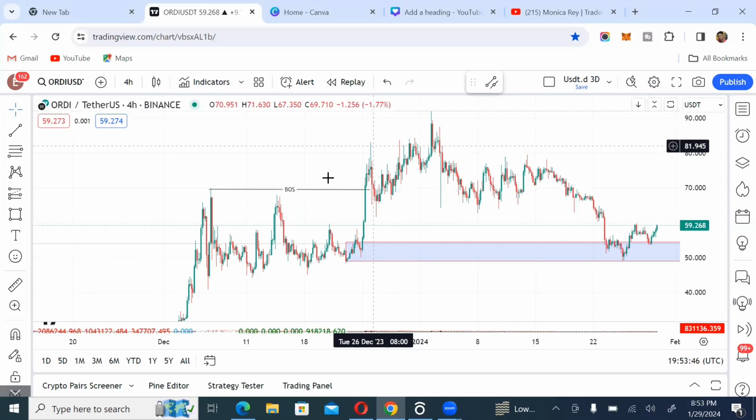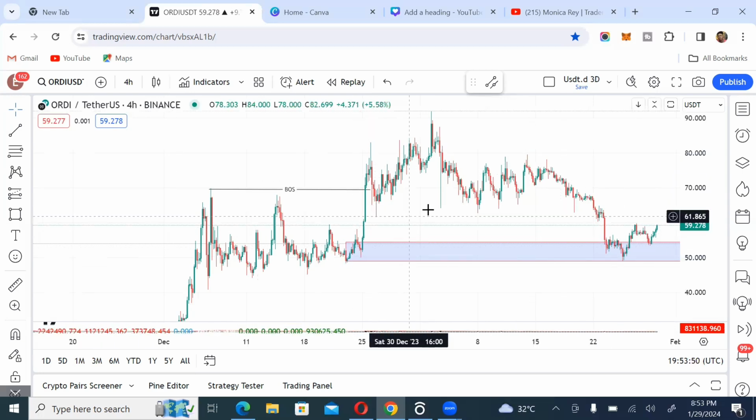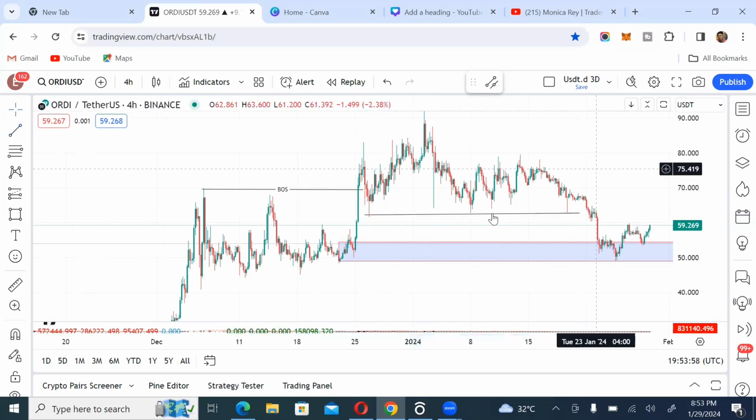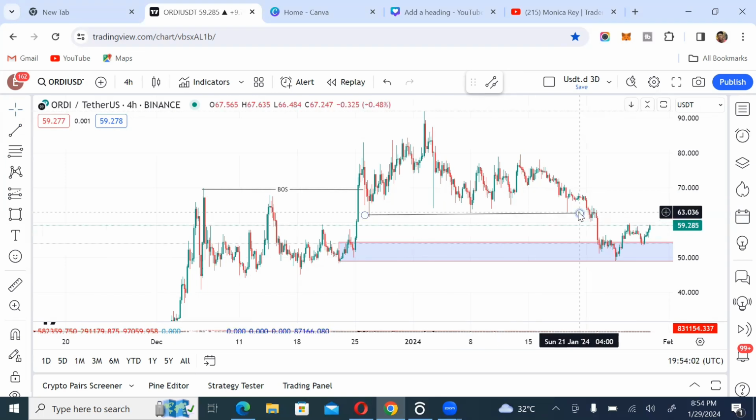And then after the break of structure, something else happened. Can you see that we're making consecutive points here? Now, price came back, we tested, and all of that.